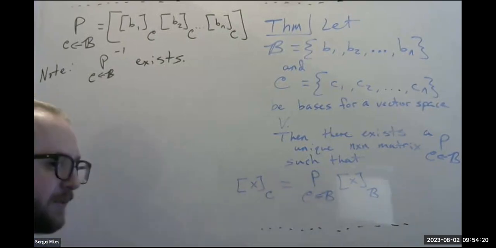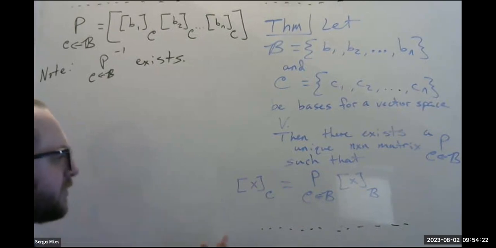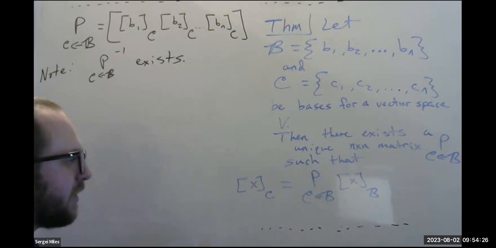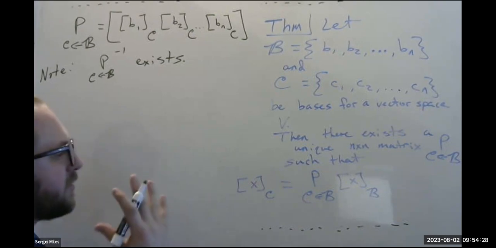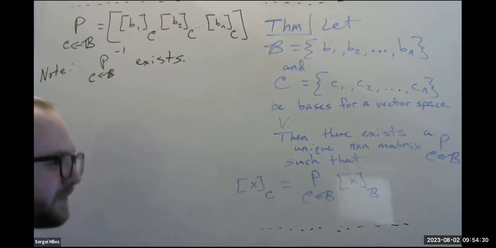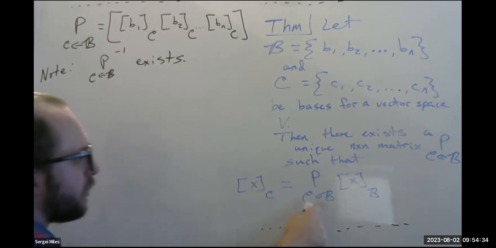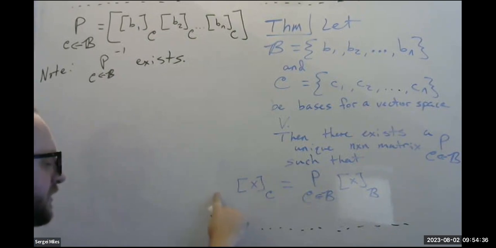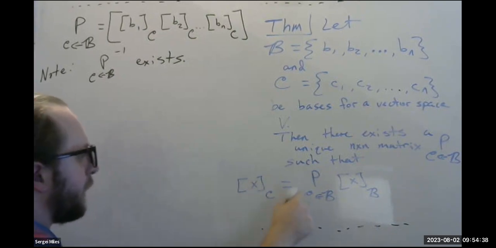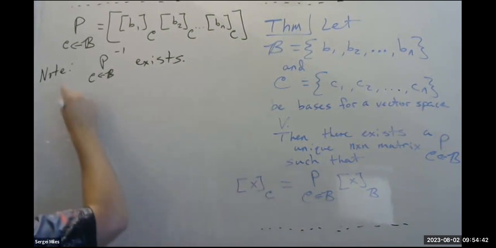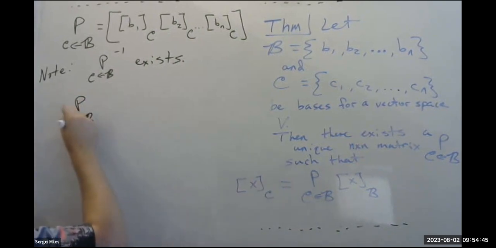I've been grading a lot of the midterms, and it looks like a lot of students are confused with the idea of matrix multiplication with matrix equations. You have to multiply on the same side for both sides of the equal sign. In order to move PBC to the other side, I have to multiply by PBC inverse on the left. I have to.